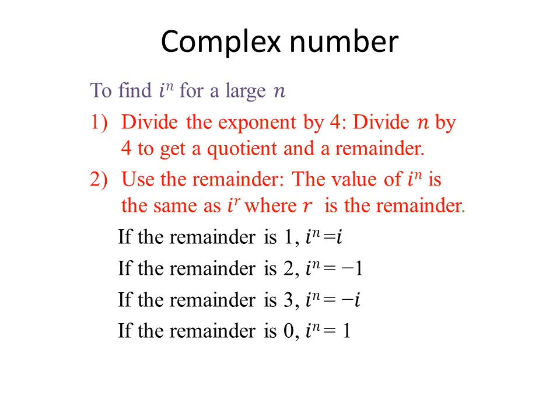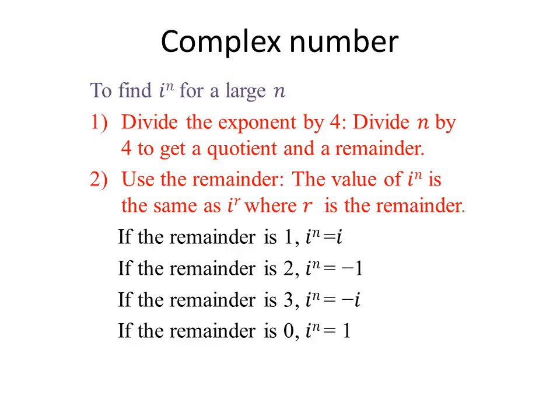After finding the integral powers, we have to find i to the power of n for larger values of n. In this we have two steps. In the first, we divide the exponent n by 4 to get a quotient and a remainder.